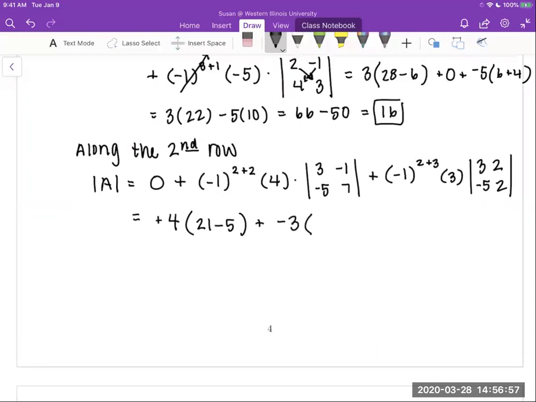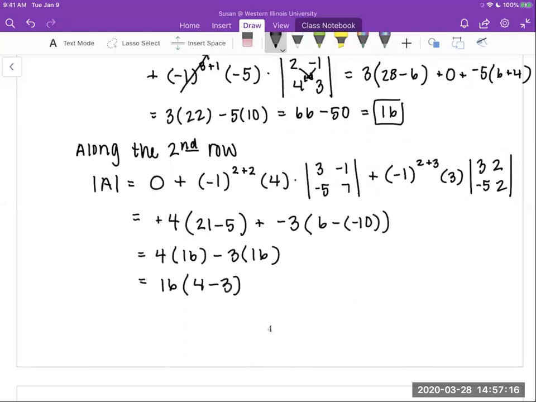And this determinant is going to be 6 minus a -10. So I have 4 times 16 minus 3 times 16. If I factor out a 16, that's 16 times 4 minus 3, which is just 16.